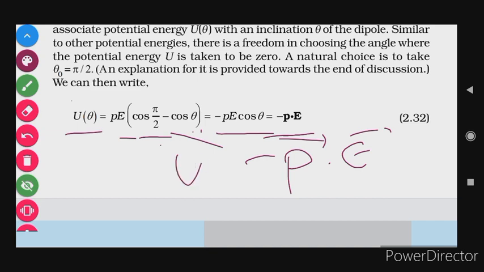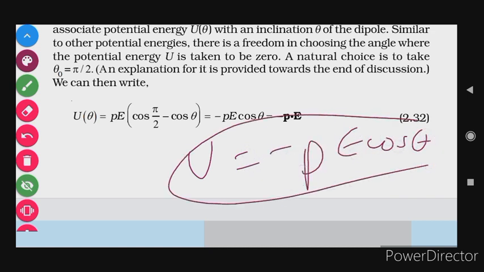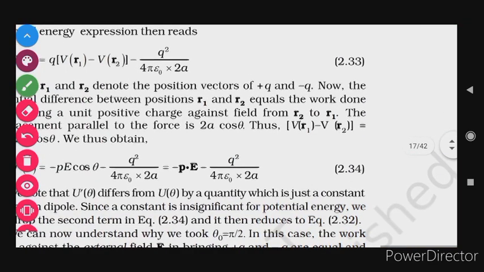This is the potential energy stored in the dipole at this particular angle θ. It depends on the angle of orientation, at what angle it is placed.